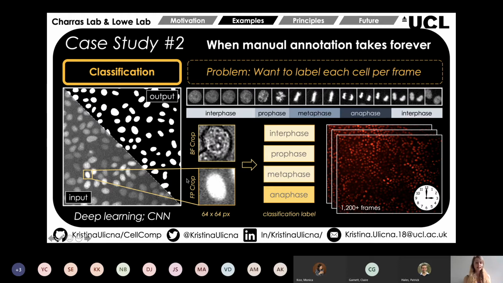And the way it works is that it crops a tiny image around the cell, and it uses its corresponding bright field image together with the fluorescence to decide which label the cell should be assigned. And what this means is that it displays the highest probability label per cell.